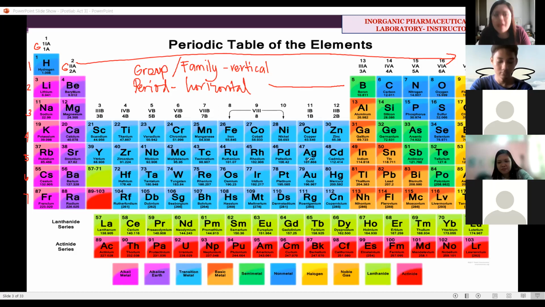That's the same thing with group 2A from beryllium to radium. They are also metals, and to be specific, they are called alkaline earth metals. Now, those in blue in the middle, from scandium to copernicium with atomic number 112, are called the transition metals.